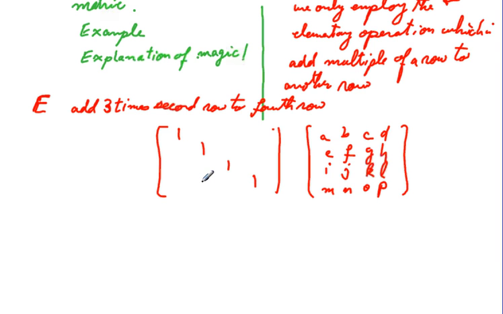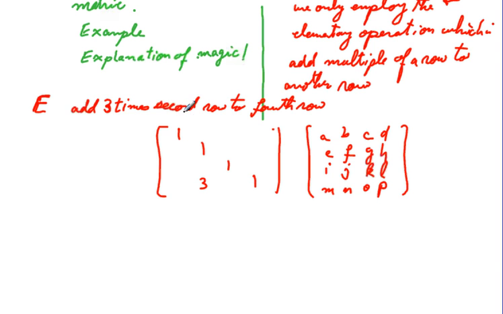We want to add 3 times this row to that, and we just do that to the identity. So that is going to have an entry of 3 on the row that is going to be influenced, in a column which matches the row number that you are picking.